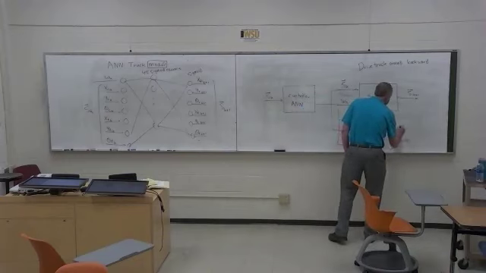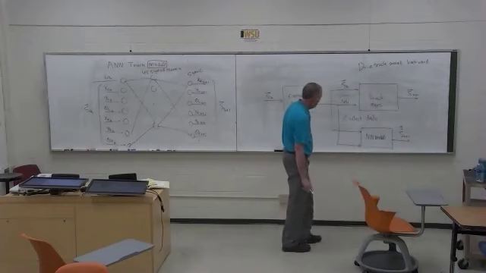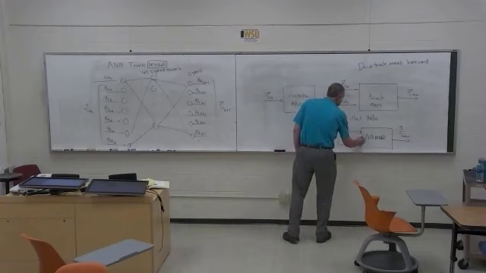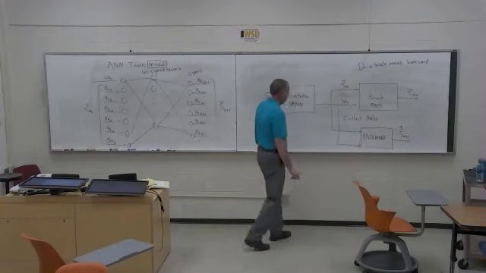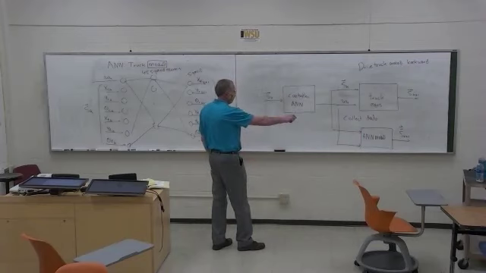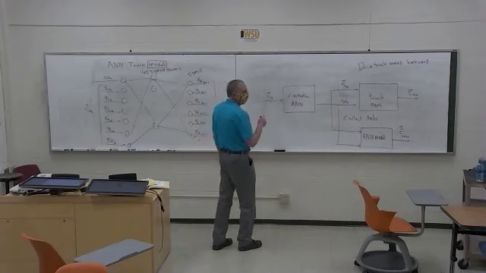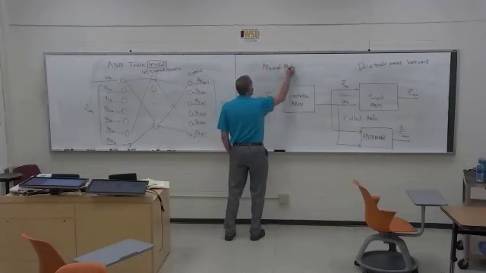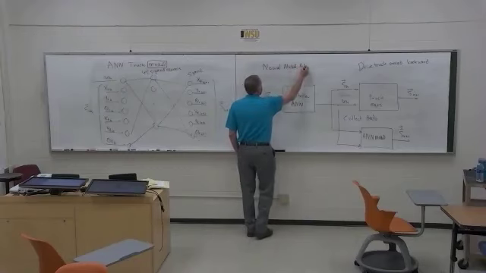We'll put a hat on here because it may not exactly match the actual value. Remember, this is a neural net, and this is a neural net, so I guess I should put A in front for artificial neural net. So the model is used in the controller to train the controller, and this fits the architecture that we call neural model adaptive control.